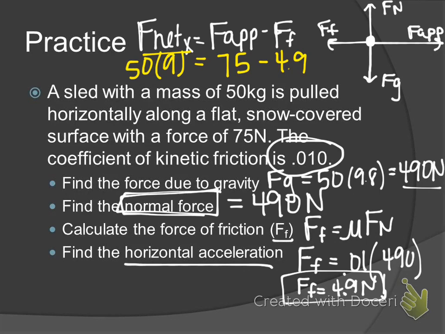And we're solving here for acceleration. So we'll take 75 minus 4.9, get 70.1. Divide that answer by 50. And that gives us an acceleration that's equal to 1.4 meters per second squared.